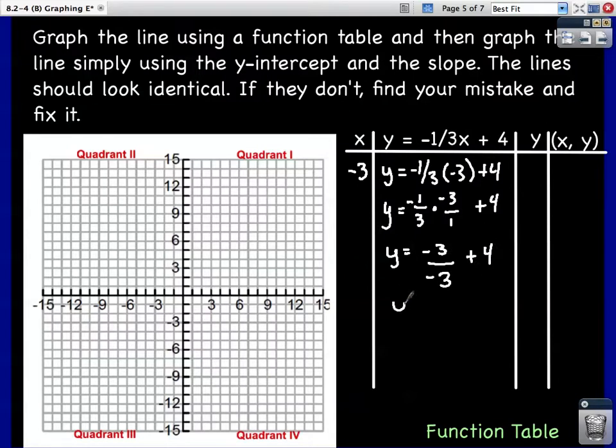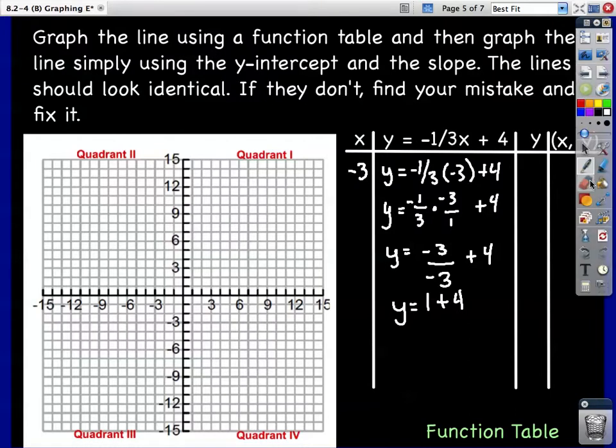And so now what I have is 1 plus 4. And back here, if this negative 3 over negative 3 confused you, it's really just a positive 3 over positive 3, because any negative divided by a negative is a positive. So in this case, y must equal 5. Okay, so when x is negative 3, y is 5.